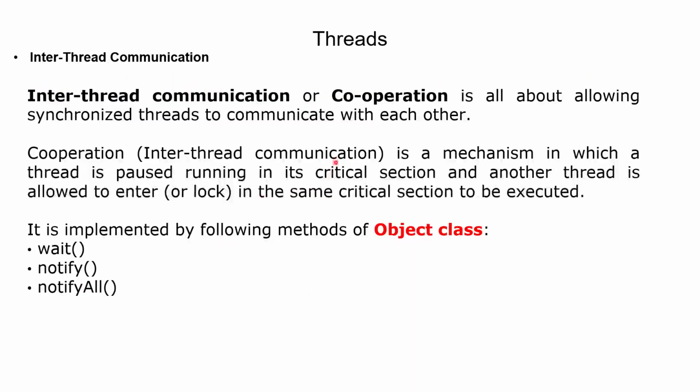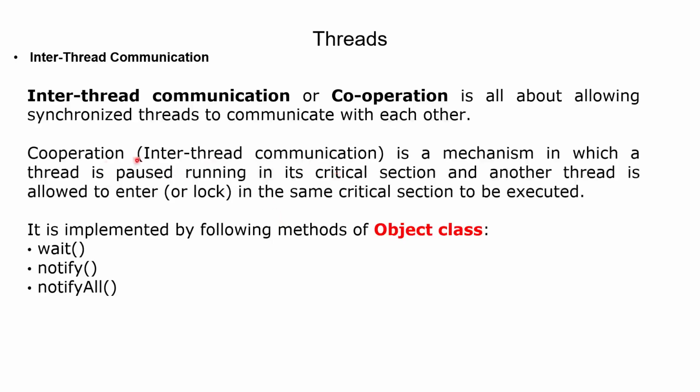Threads can run simultaneously, or maybe not simultaneously. So we'll take a look at an example here. This is one example of multitasking, inter-thread communication. Inter-thread communication or cooperation is all about the synchronizing of threads, swapping them out to different sections of memory, or essentially stopping their execution temporarily, and then allowing other threads to execute.